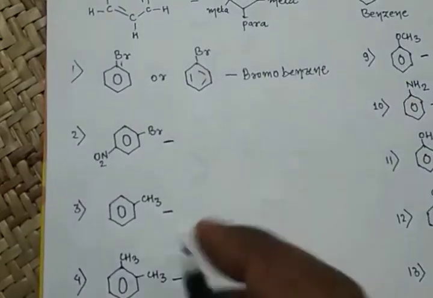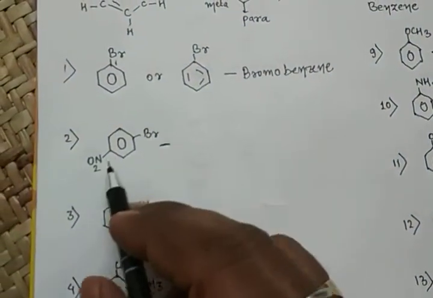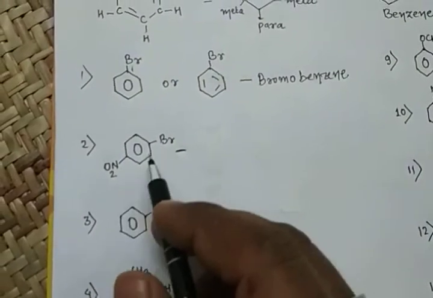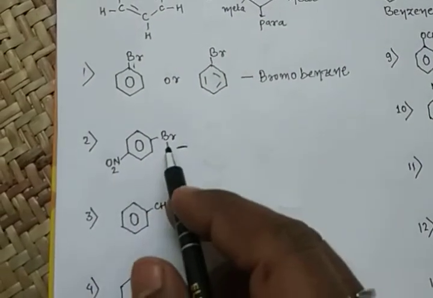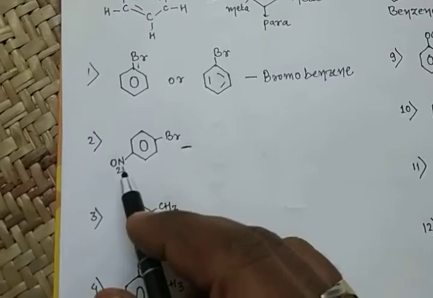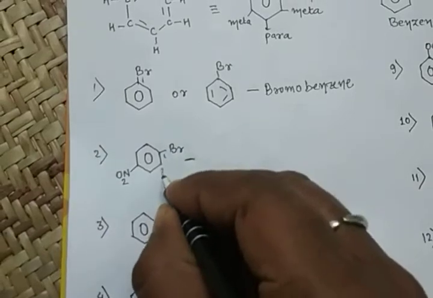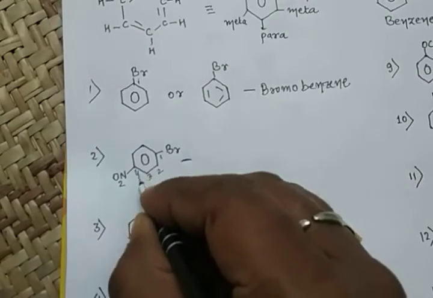Clear? Now suppose this is bromine, this is nitro. They are both substituents. There is no suffix. The starting letter is B and the starting letter is N. So you count from this side 1, 2, 3, then 4.